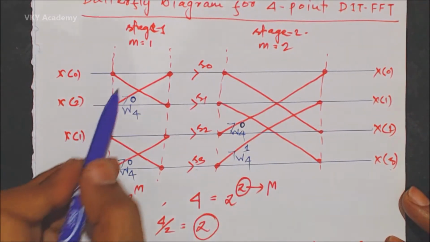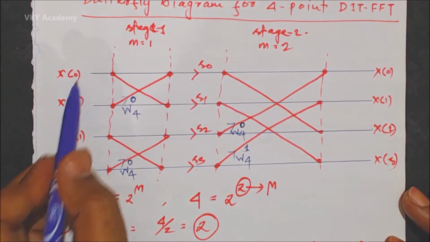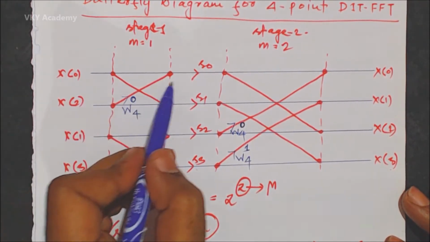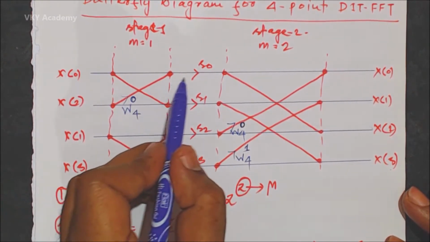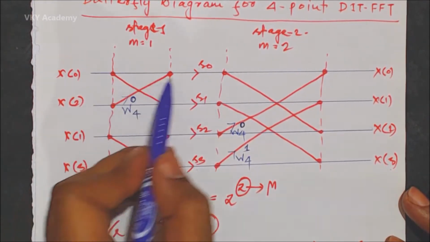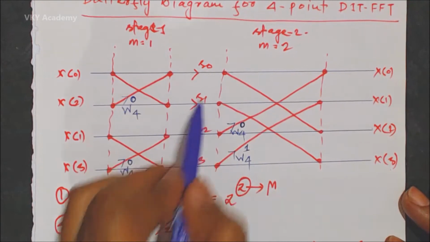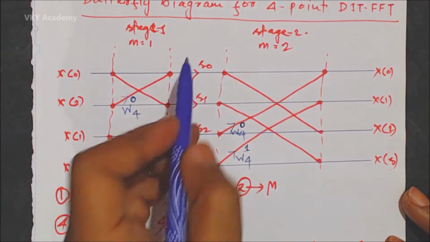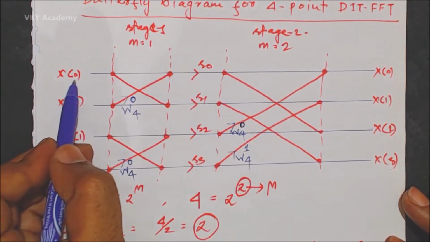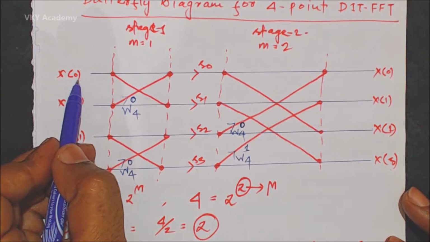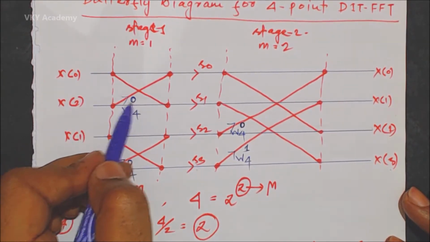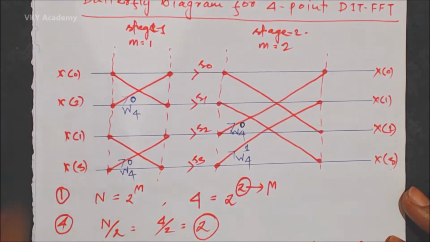The inputs associated with the first butterfly are small x of 0 and small x of 2, and the outputs associated with the first butterfly are S0 and S1. So let us calculate the value of S0 and S1 first. S0 will be equal to small x of 0 plus W4 to the power 0 into x of 2.